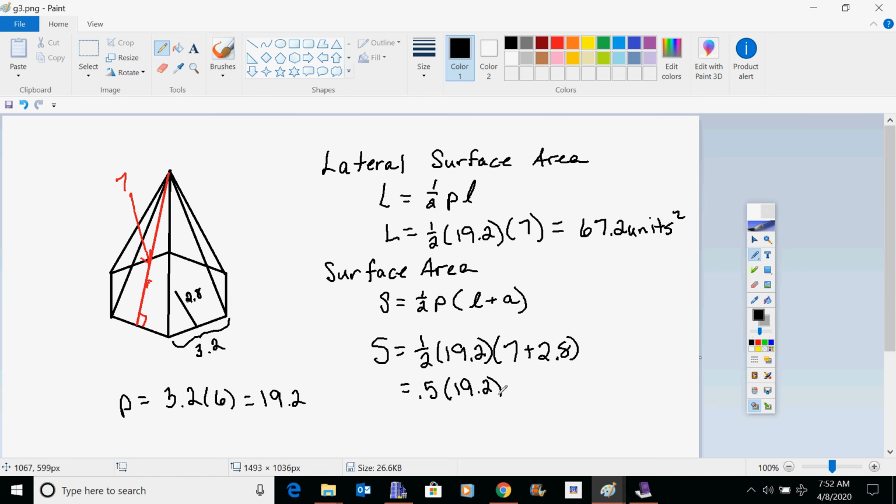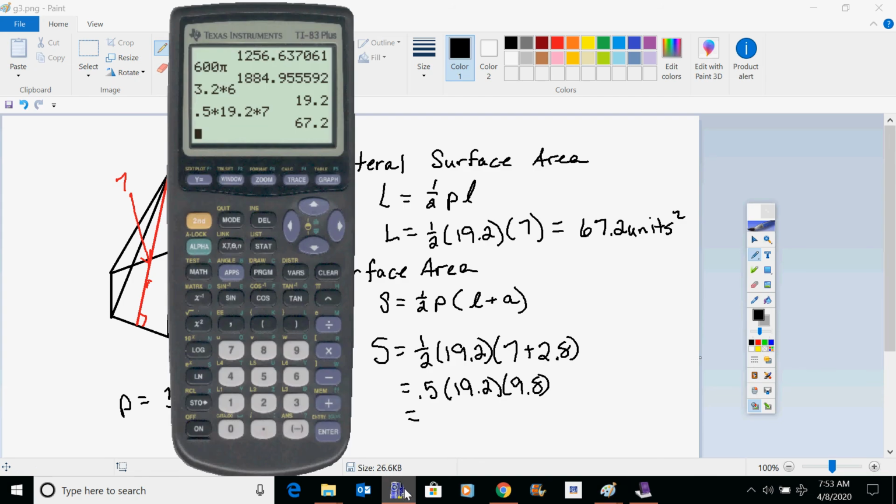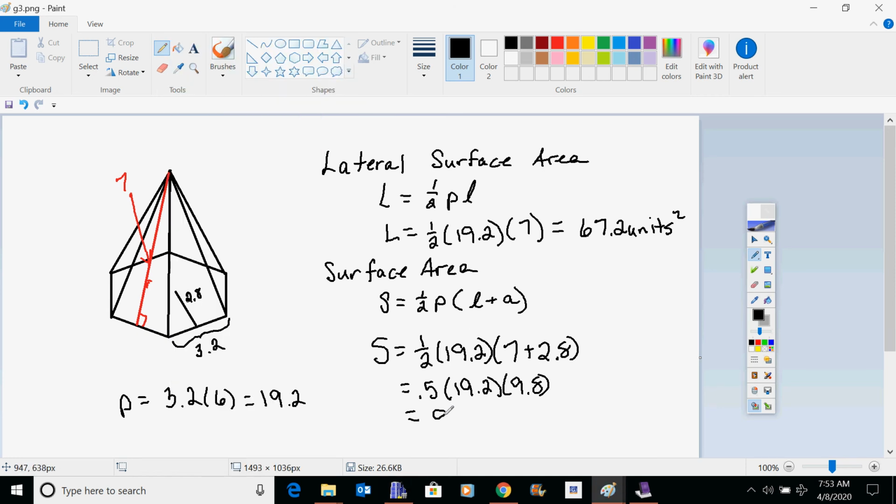We'll do a little cleaning up before we put it in the calculator. Okay, there we go. So we'll take 0.5 times 19.2 times 9.8, which is 94.08 units squared.